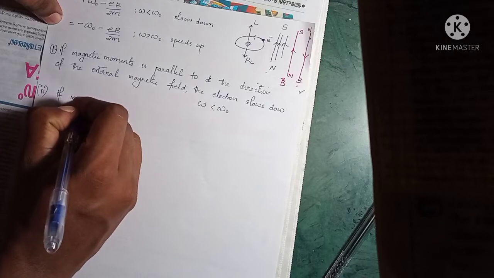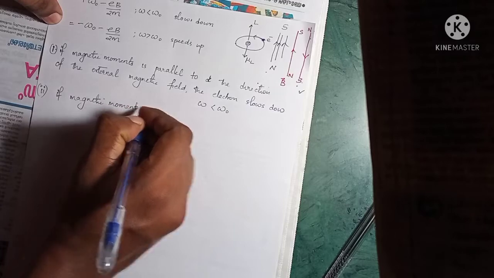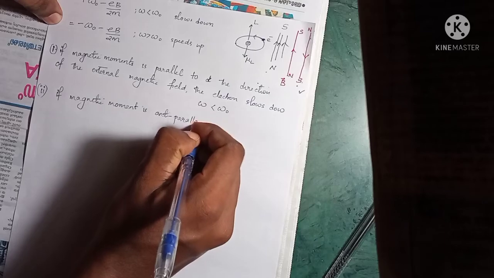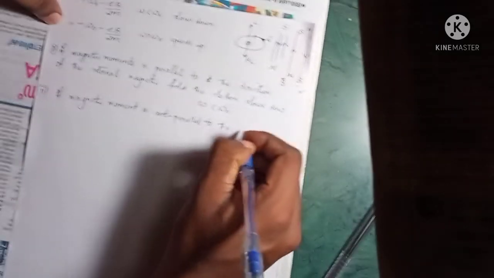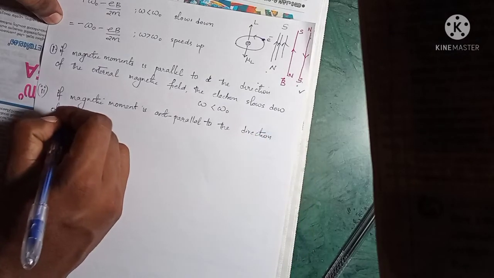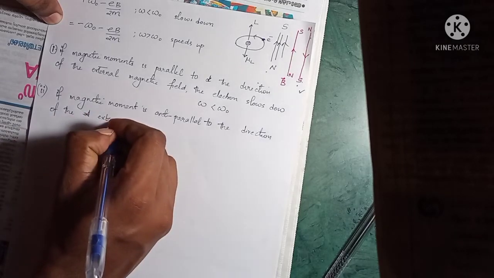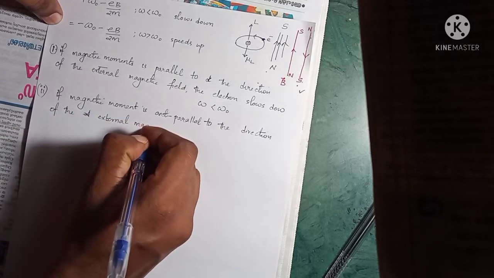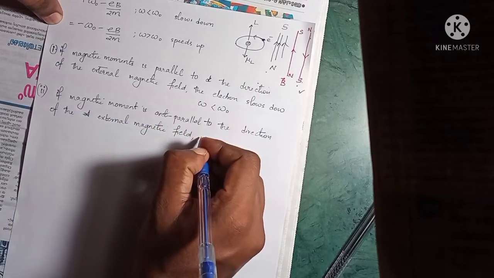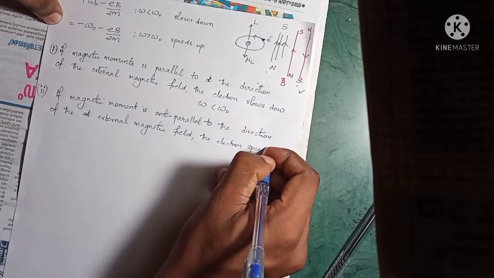Now the second case, if the magnetic moment is anti-parallel to the direction of the external magnetic field, the electron speeds up.